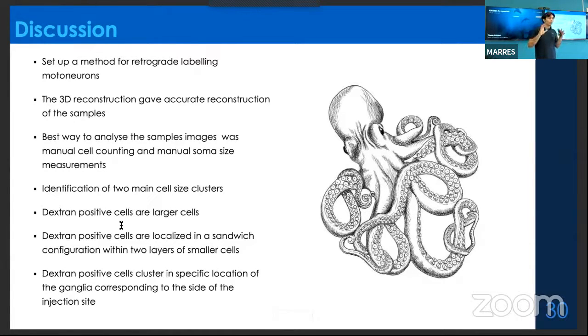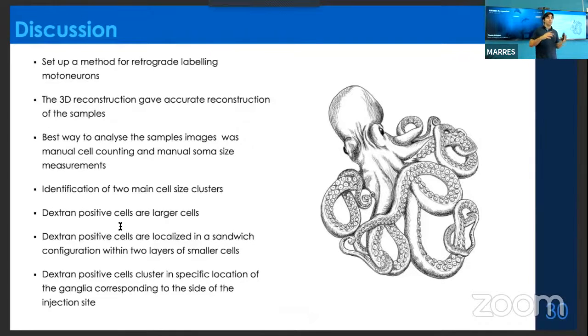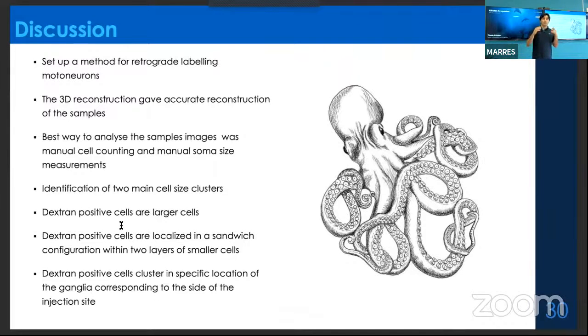We identified two cell size clusters, so big cells that are the motor neurons and small cells that are other neurons. And those bigger cells are localized in a sandwich-like configuration in between two layers of small cells.